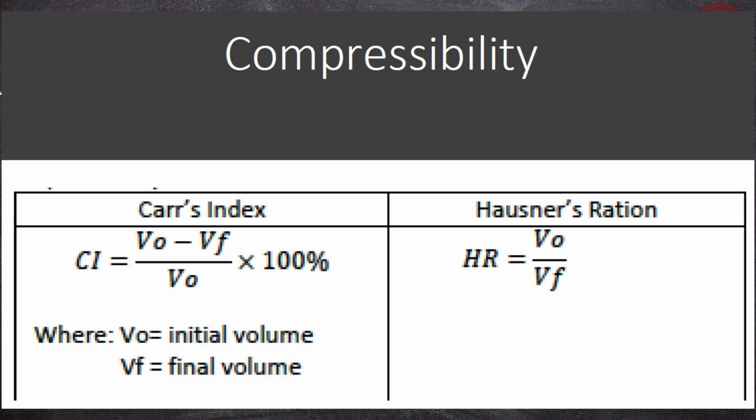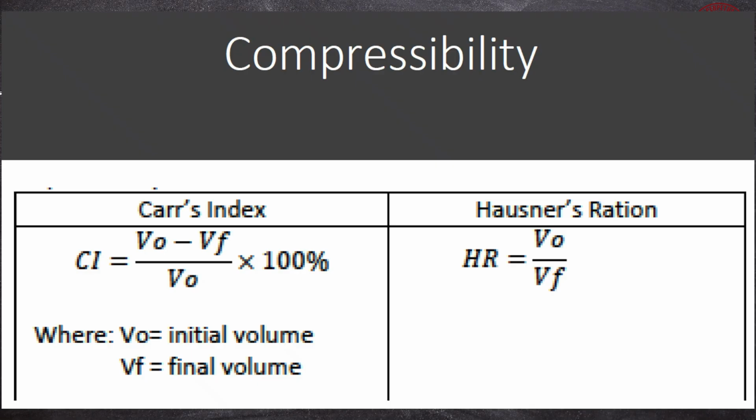In the lab, we measure this property using two important formulas, Carr's index and Hausner's ratio. Carr's index, or CI, is calculated as CI equals V0 minus VF over V0 times 100%, where V0 is the initial volume and VF is the final tap volume. Meanwhile, Hausner's ratio, or HR, is simply V0 divided by VF.